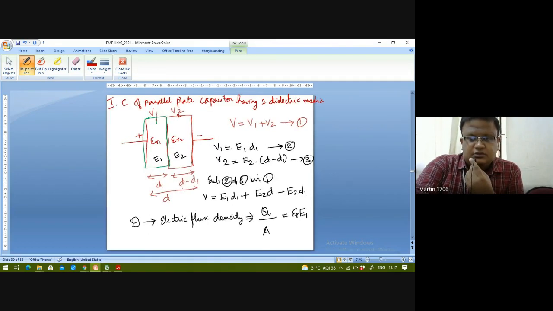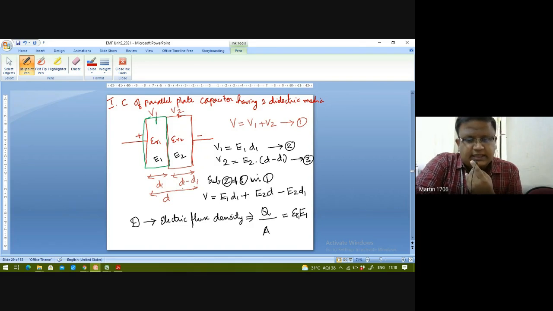There are two dielectric mediums here, related with the potential V. So here E1 D1, then E2 into D2 minus D1. Similarly here also we are going to make it D1, D2, D3, and we have different potentials in the respective regions, and we are going to sum them all up.